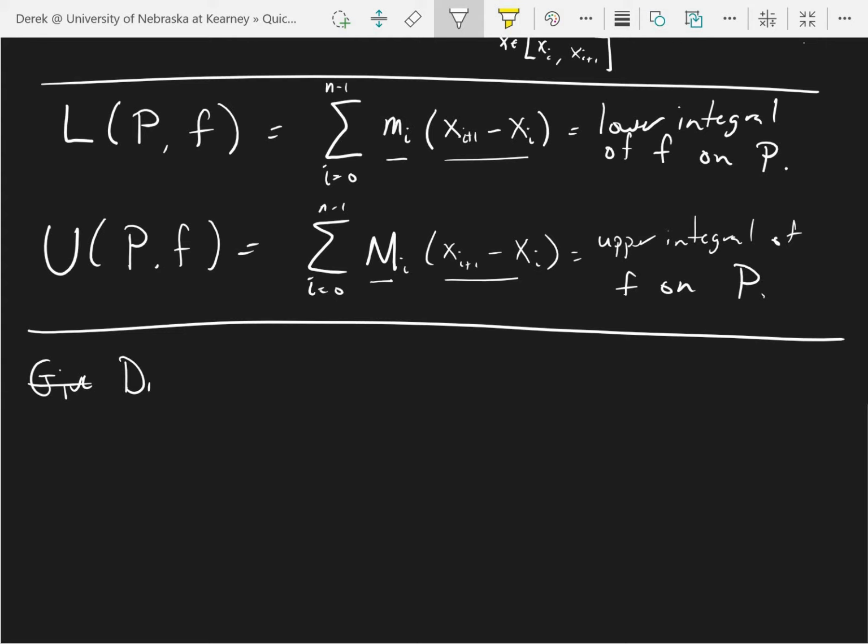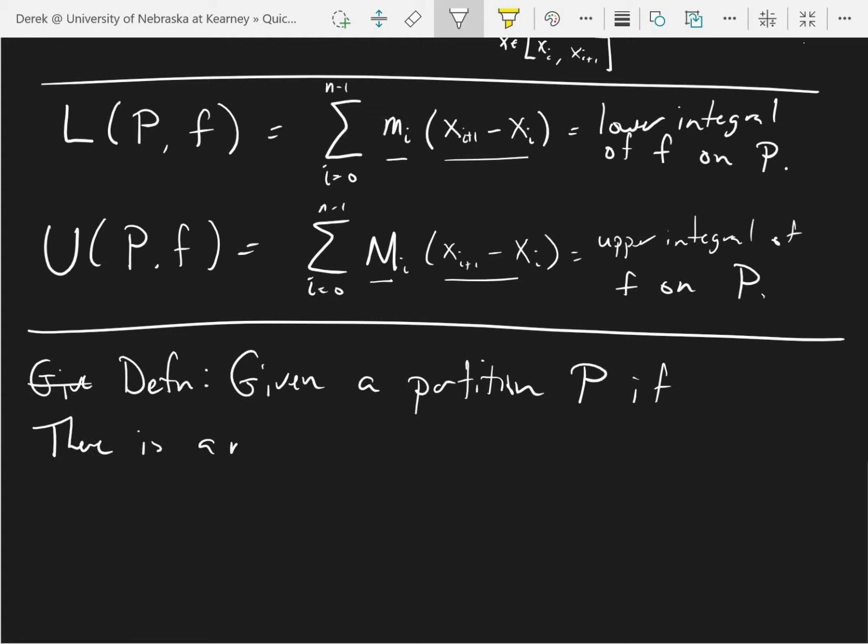So I guess this is another definition. Given a partition P, if there is another partition, say Q, with P being a subset of Q, right?